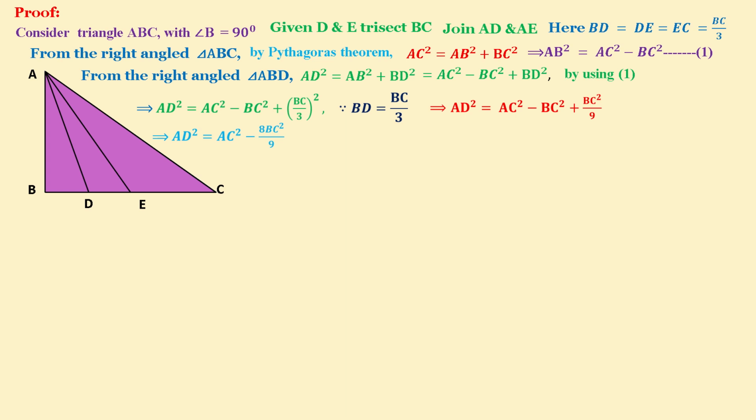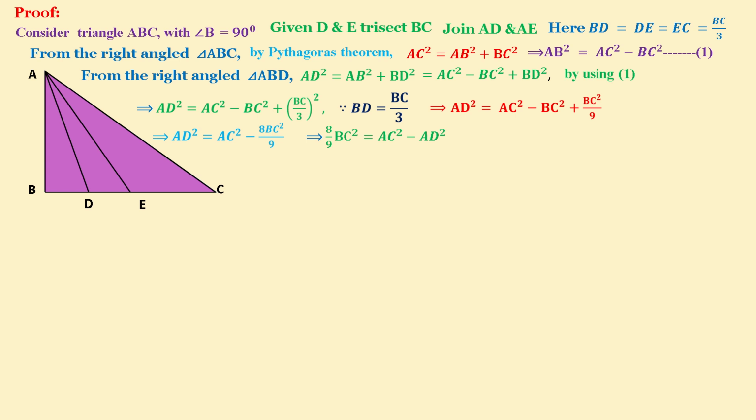That is minus 9 plus 1, so you will get minus 8 BC square by 9. This implies 8 by 9 BC square, taking that to the other side of the equality.